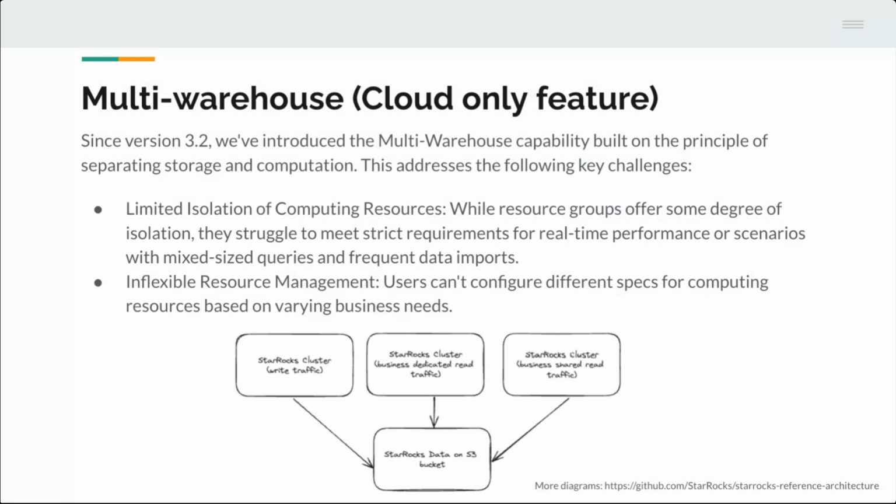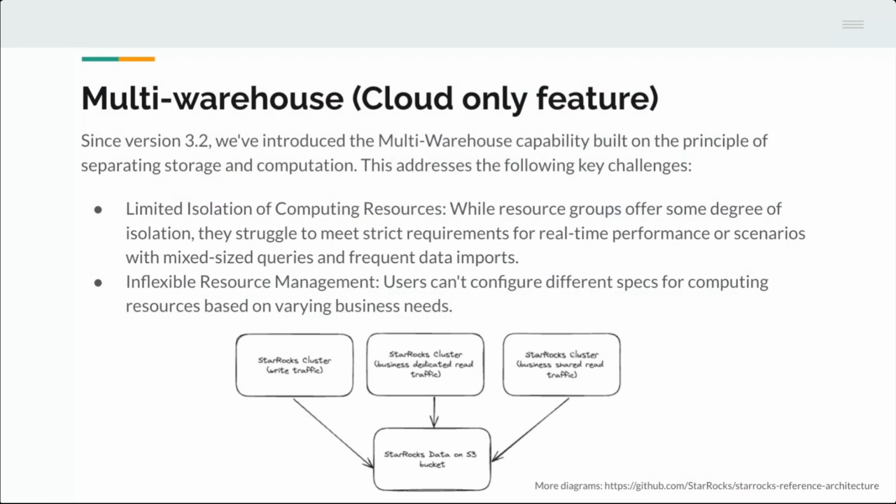You can imagine that if you're using the shared data model, the compute nodes are ephemeral and storage is up on S3. Can't we just have different types of workloads against that S3? Yes, up to a certain extent, meaning that on a single cluster you can access that S3.